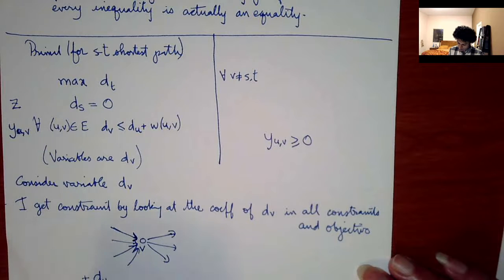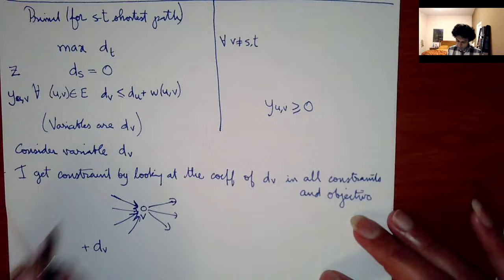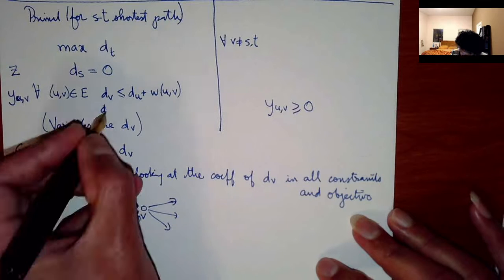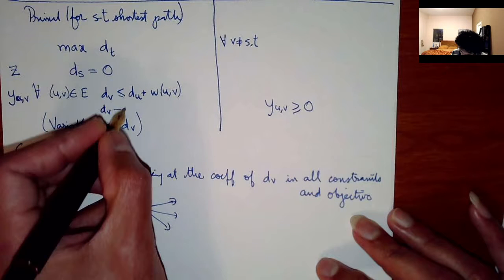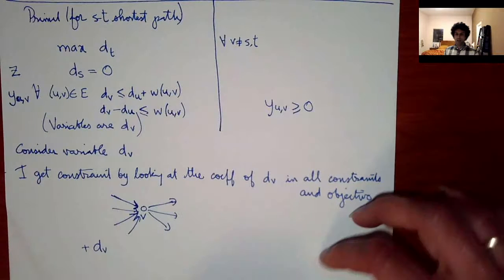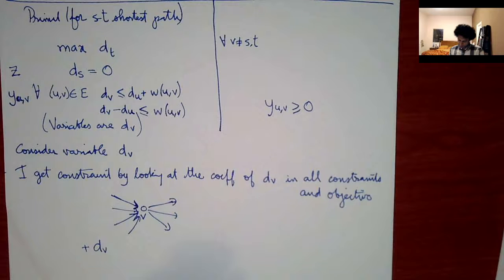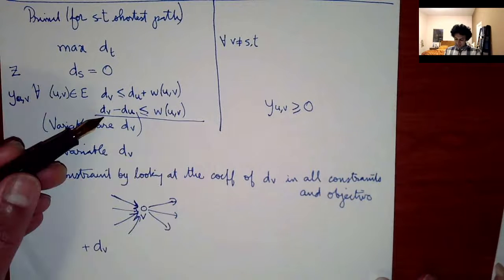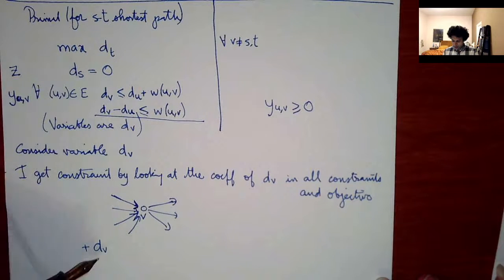Let me rewrite this constraint as d_v minus d_u is equal to this weight, right? This is the way I should write the constraint. So note that when it's an in edge, it appears as plus d_v. When it's an out edge, it appears as minus d_v.